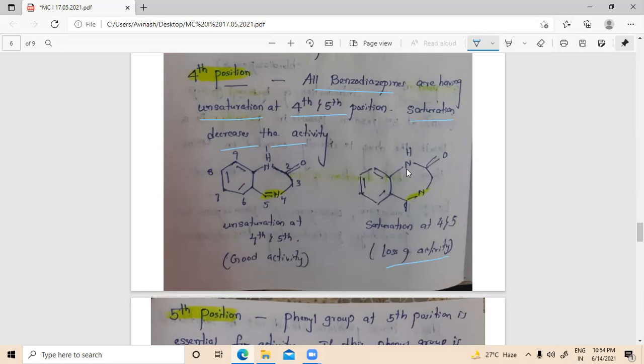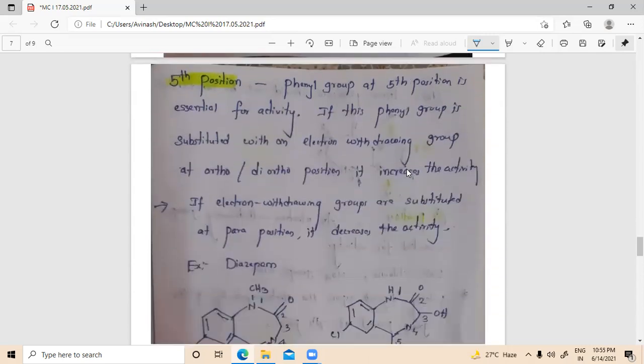So my dear friends, you should understand a double bond at fourth and fifth is essential to improve the biological activity of benzodiazepines.